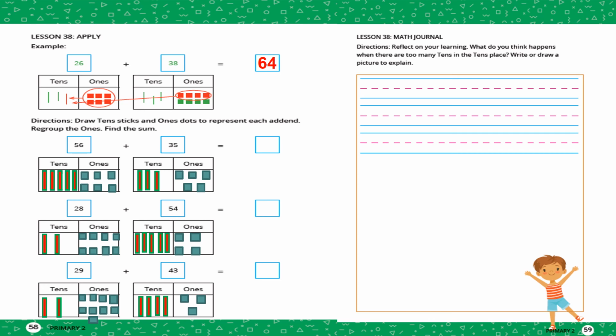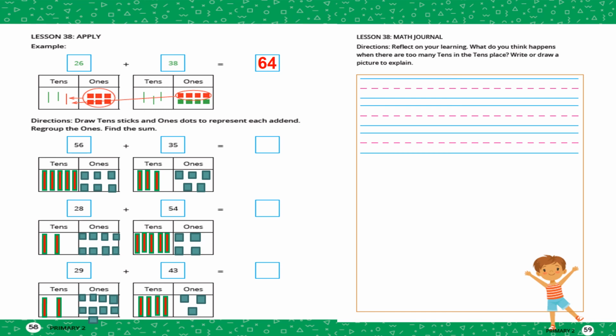Example number 2. 56 plus 35. How many sticks do we have? 5 sticks. How many small squares? 6 small squares. In 35, how many sticks do we have? 3 sticks. How many small squares do we have? 5 small squares. Now let's add 56 plus 35. 6 plus 5.